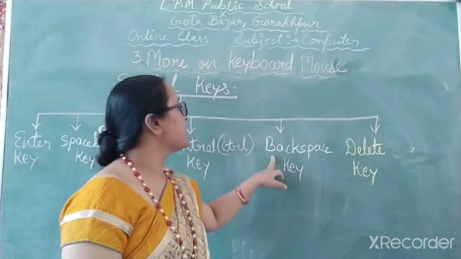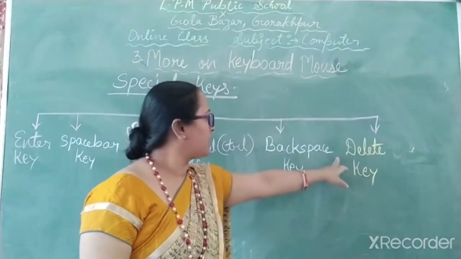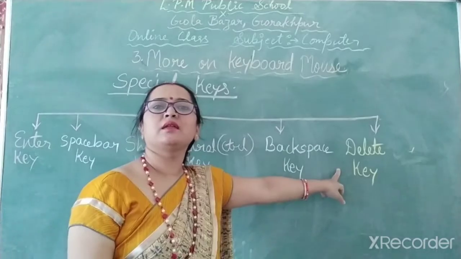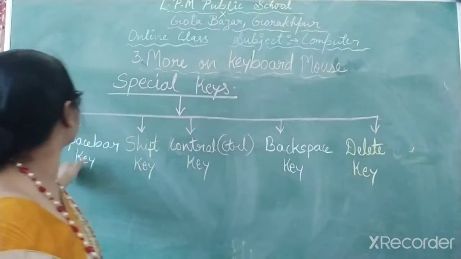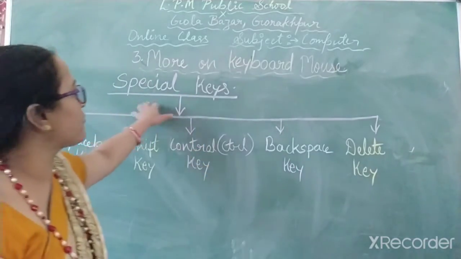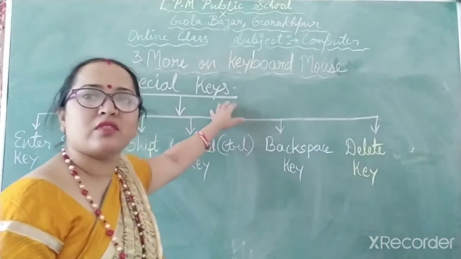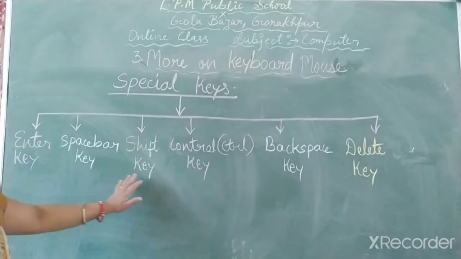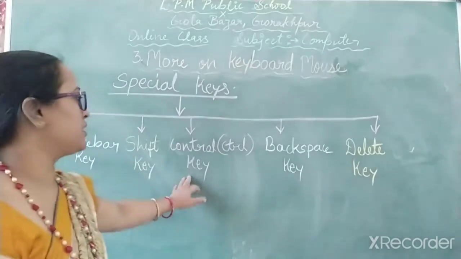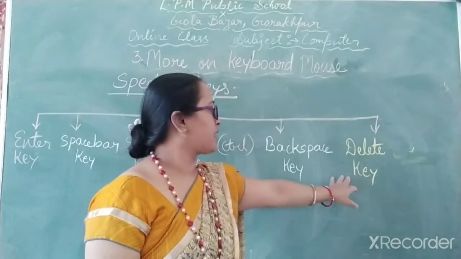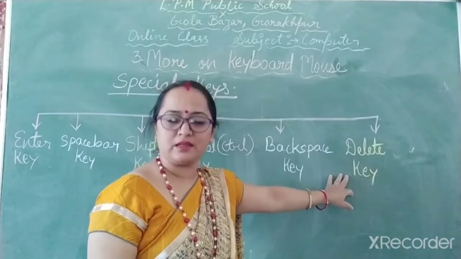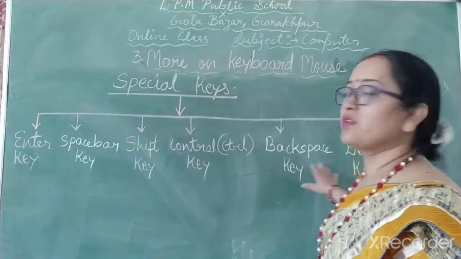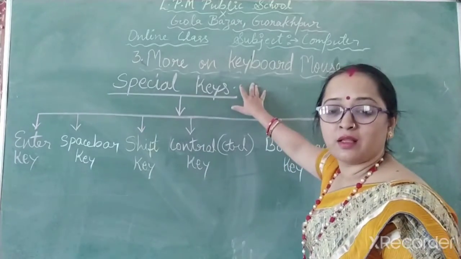Then fifth is the backspace key, and the last one is the delete key. These are the 6 types of special keys.